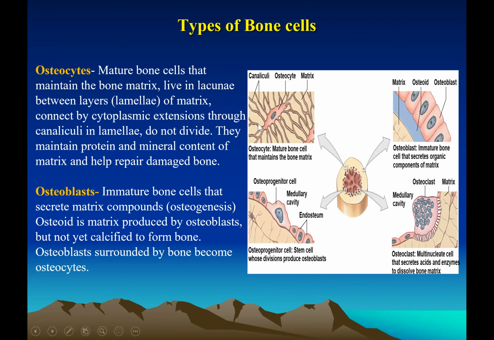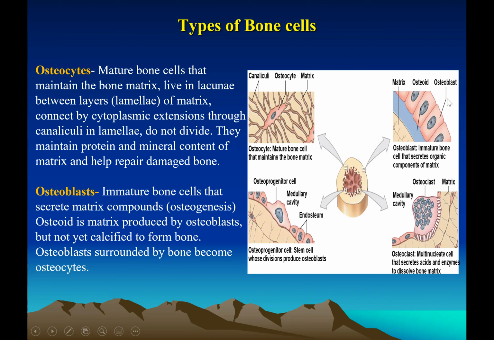The osteocyte is a mature bone cell that lives in its own space called lacuna, and they are found in concentric circles called lamellae. The cytoplasmic extensions are called canaliculi, and the main function is that they maintain the protein and mineral content of the matrix, and they will play a huge role in bone repair.